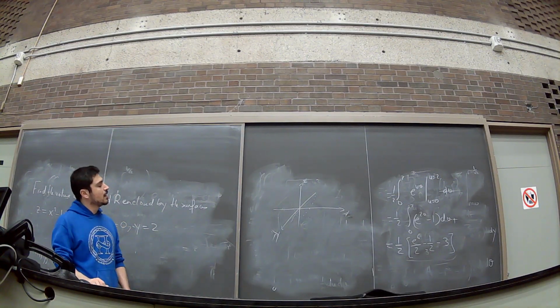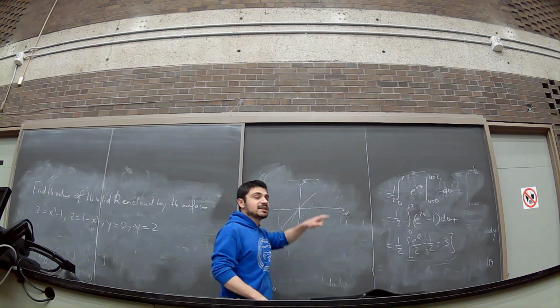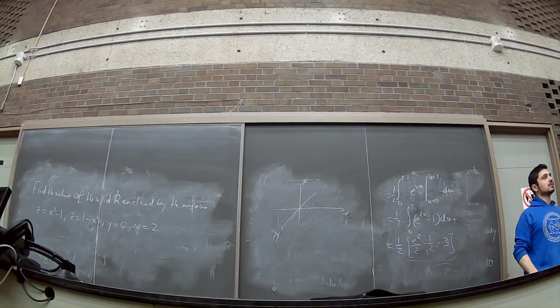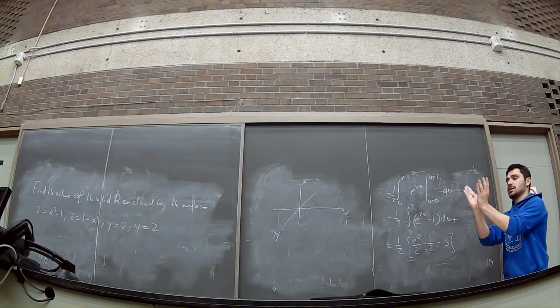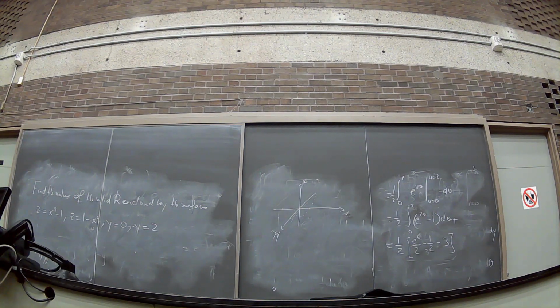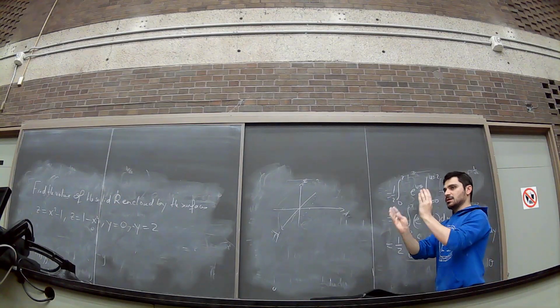Great. Now, do you see how to draw this? Z is equal to x squared minus 1. If I tell you the zx plane, can you draw Z is equal to x squared minus 1? This is the zx plane, and you do it for every value of y. This is my zx plane here.